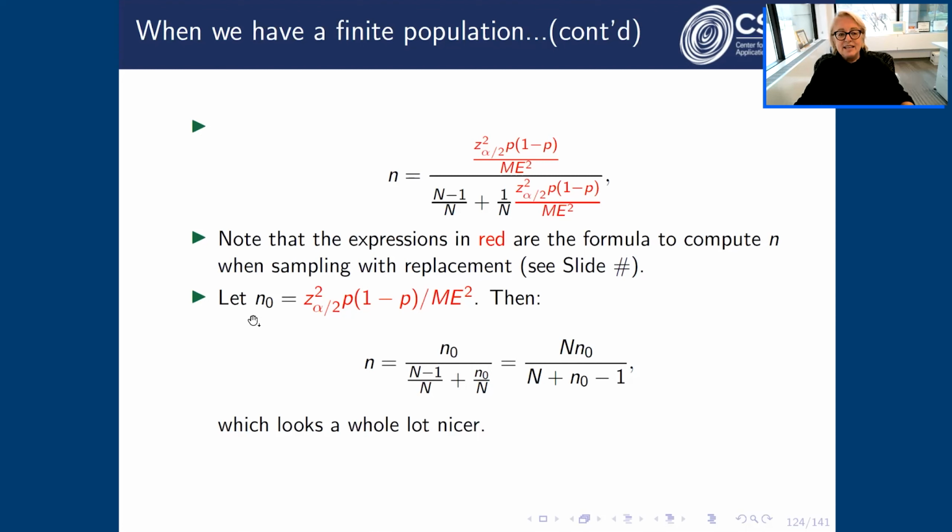And so then the expression for the n correcting for finite population and sampling without replacement looks a whole lot less ferocious. It looks like this. I take the n I would compute in the simplest case, multiply by the population size, and then divide by this expression over here. It looks a whole lot nicer than this thing over here.